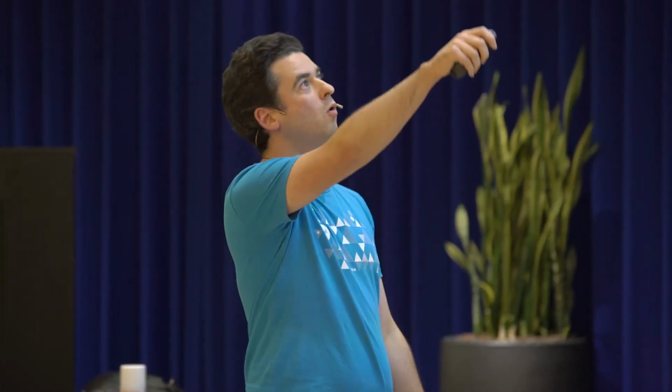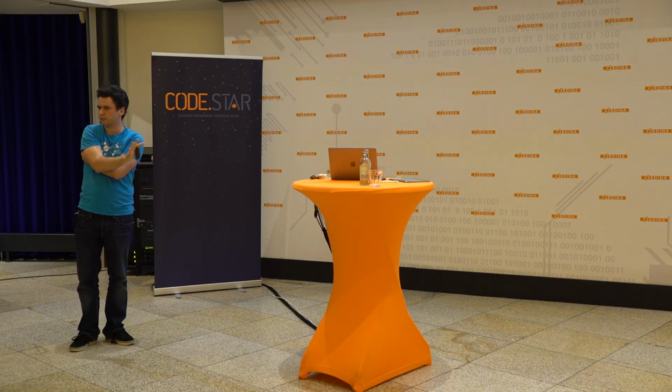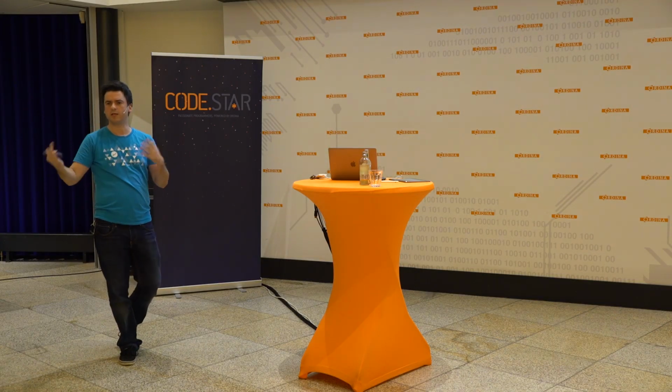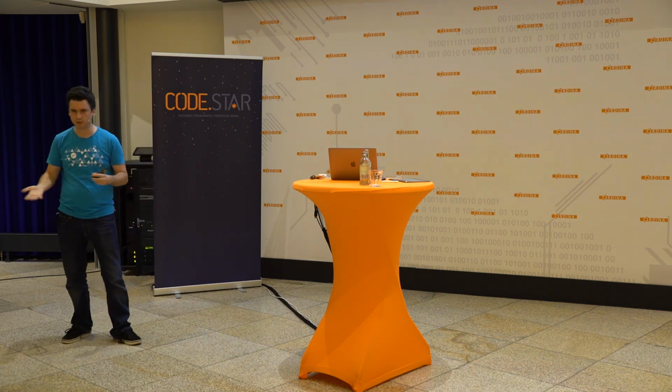If you search for the open-closed principle, which is one of the SOLID principles, one of the first blog posts you will find is this one. I found it an okay example to go through and see how it applies to entity component system. But first, let's start with this blog post.